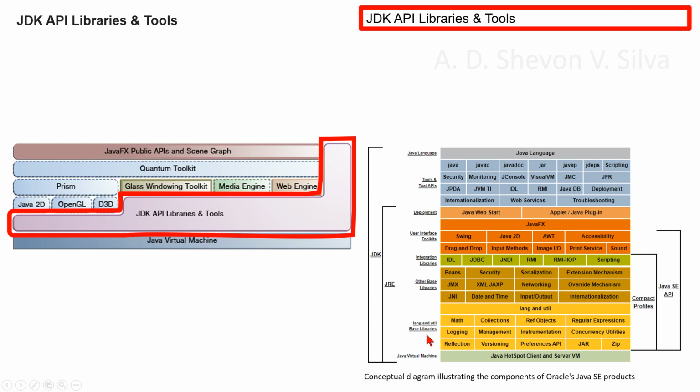Lang and util base libraries: math, collections, ref objects, regular expressions, logging, management, instrumentation, concurrency utilities, reflection, versioning, preferences API, JAR, Java virtual machine, Java HotSpot client and server VM.